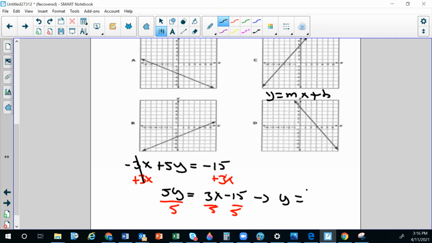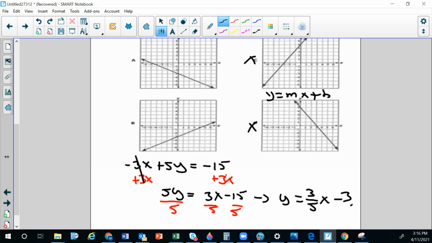That gives me y equals 3/5 x minus 3. So my y-intercept is -3 and my slope is positive. Let's see which one gives me that. We know my y-intercept is -3, so that one is not in the running, and this one is not in the running.